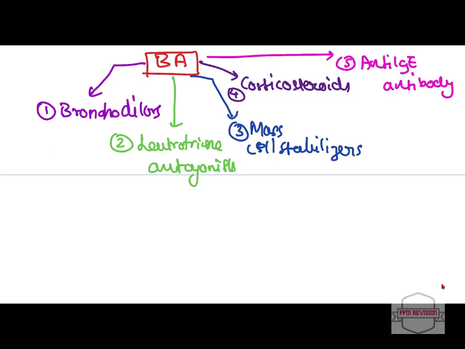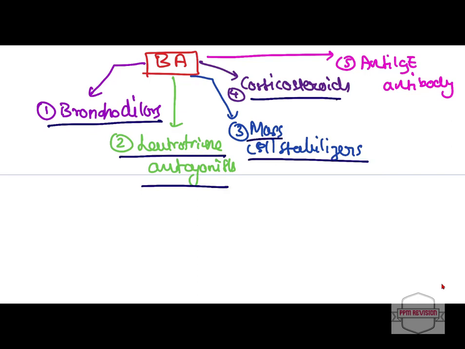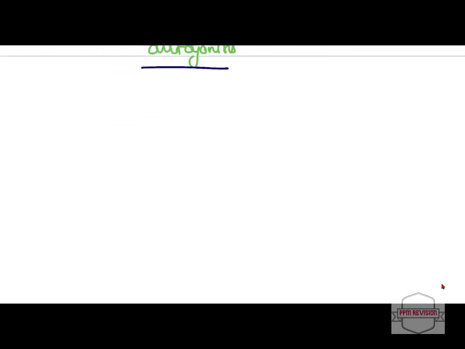Let's just read it out again. So we have bronchodilators, leukotriene antagonist, mast cell stabilizers, corticosteroids, and last we have the anti-IgE antibody. Now, just looking at each one of them, under bronchodilators, we'll be discussing that.